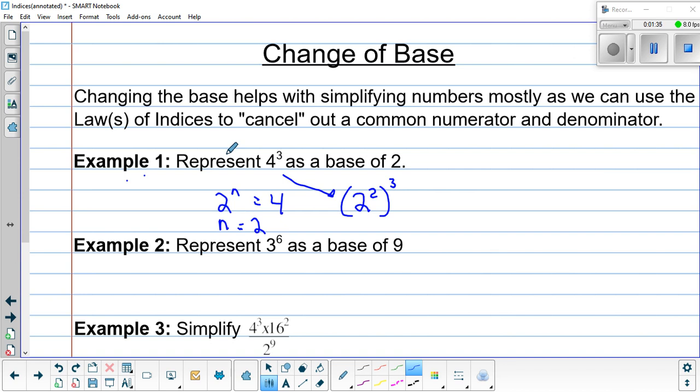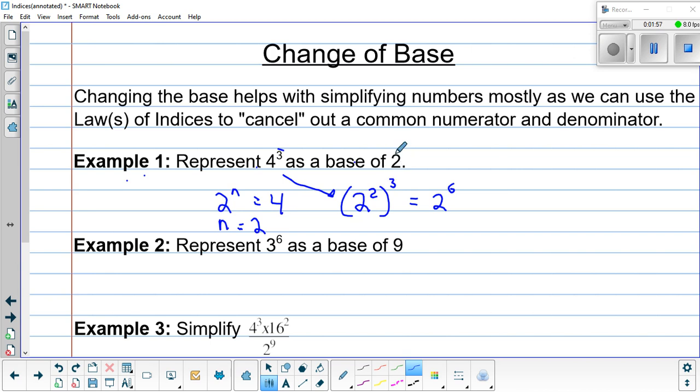We haven't changed that 3 on the outside. So we now just apply one of our laws, the power law. 2 to the power 2, and then we do 2 times 3, so 2 to the 6. Notice we have a base of 2, and our power just changed.